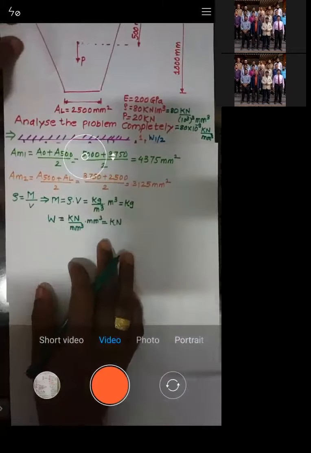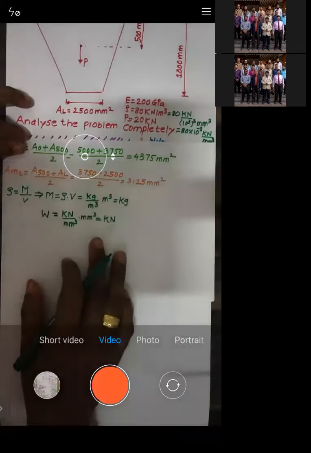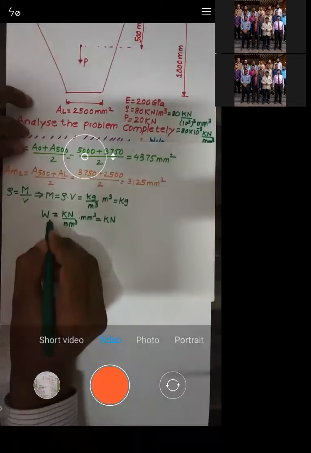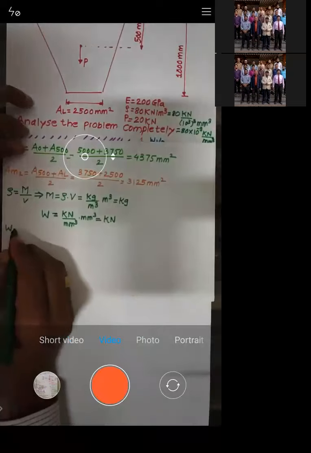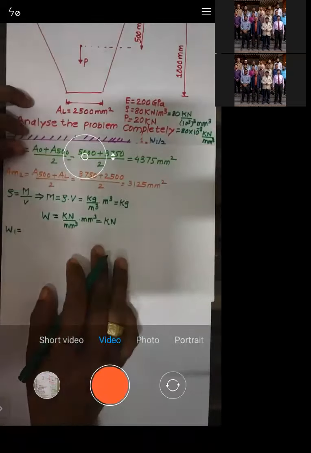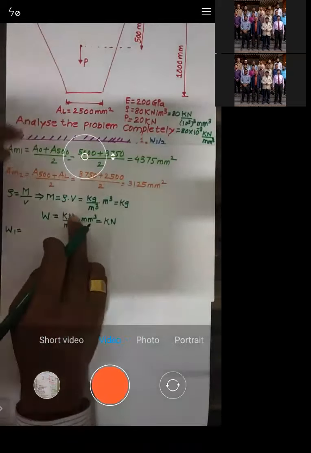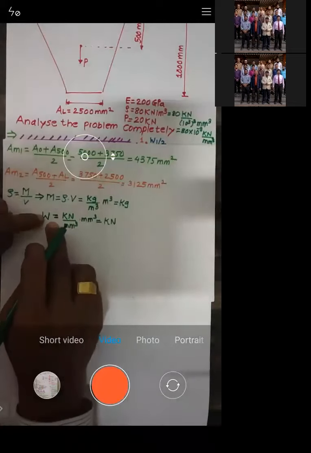Right? So what we'll do now is calculate the weight of element number 1.